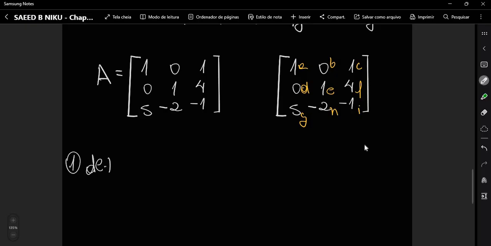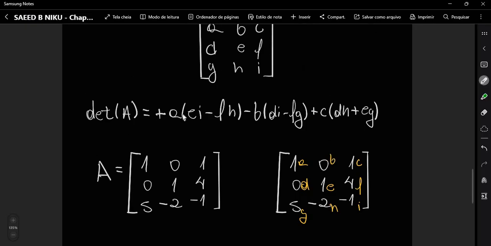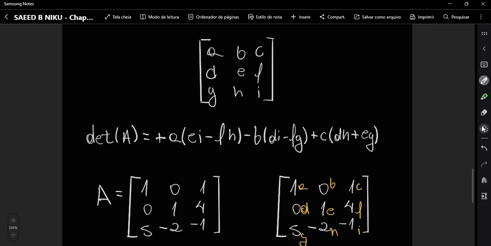So the determinant of this matrix A, we already have this algorithm. Let's use it.